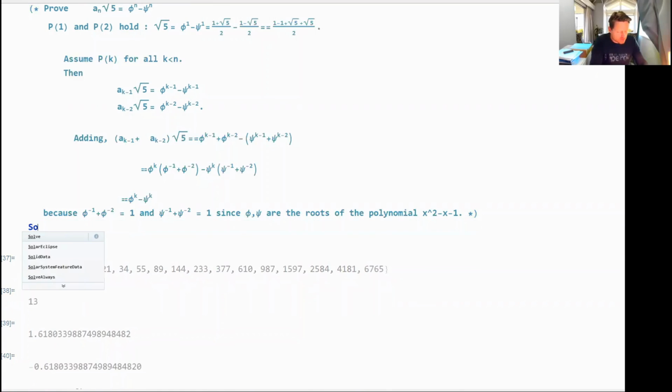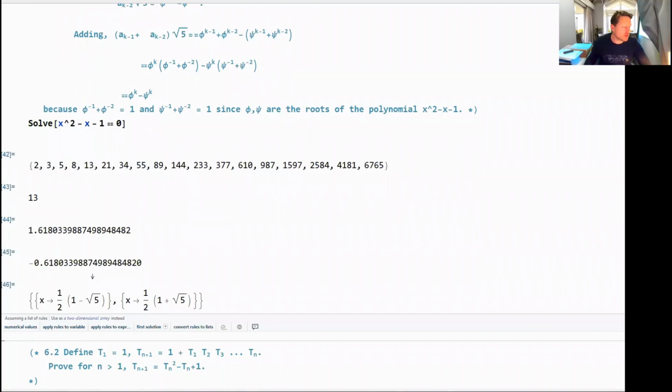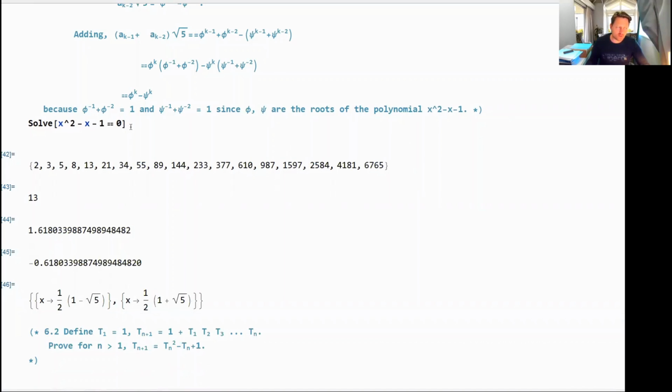Okay, so what I want to do is solve the equation x squared minus x minus 1 is equal to 0. So I'll just run that. And you see what the answers are right here. So we get x is equal to psi and x is equal to phi. Okay, so that claim is true, that phi and psi are the roots of this polynomial.